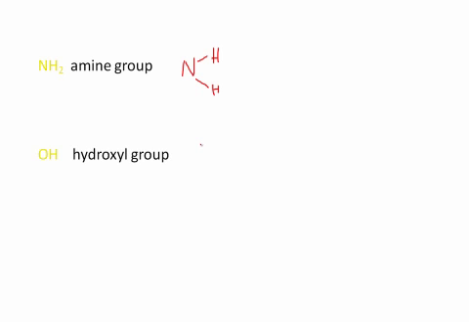We're going to see a lot of hydroxyl groups. That would be an OH. And another one that we will see is called a ketone. This is an oxygen that has a double covalent bond, typically to a carbon. Now, if we look at these functional groups, are these polar or nonpolar? Okay. We see some nitrogen, we see some oxygen.